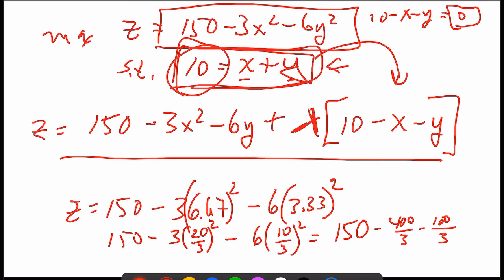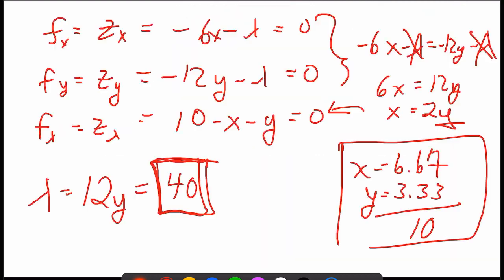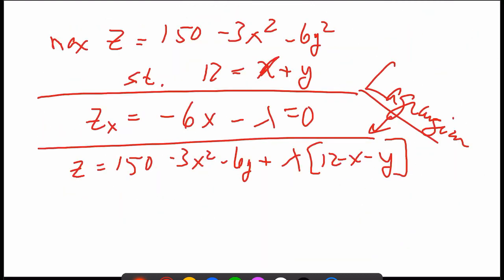That is 150 minus 133, roughly. It's about 16. Unless I screwed that up, and you're not here to tell me, so I don't care.